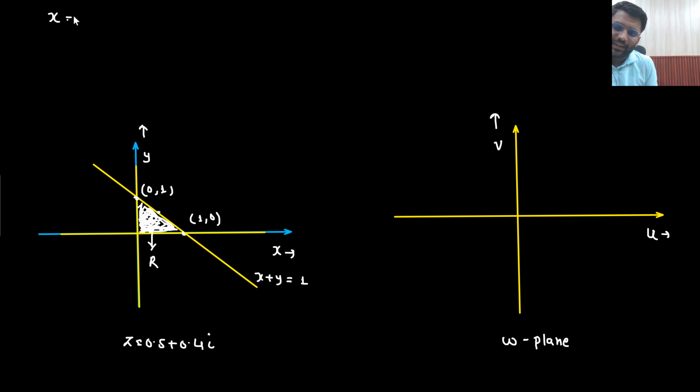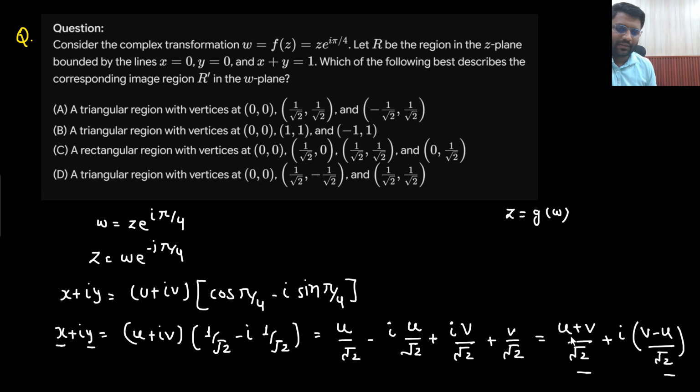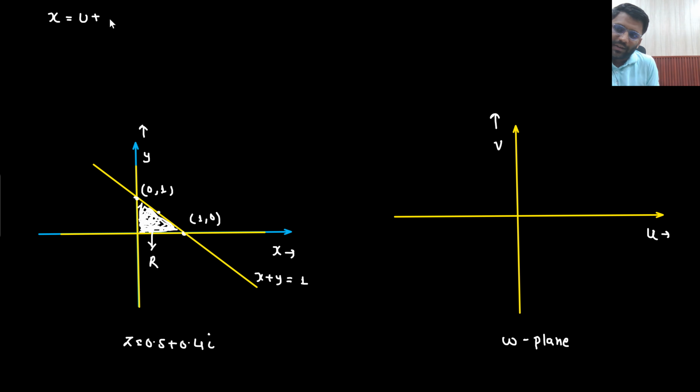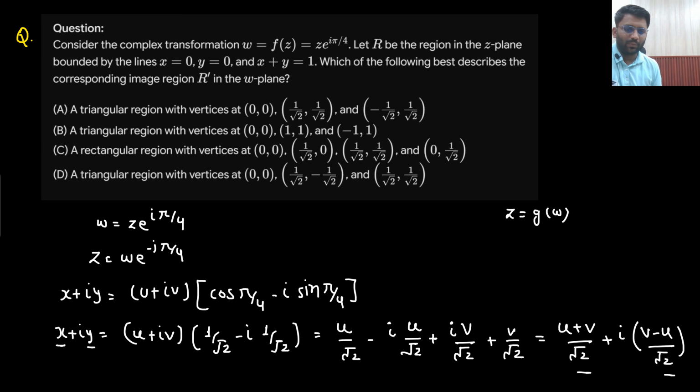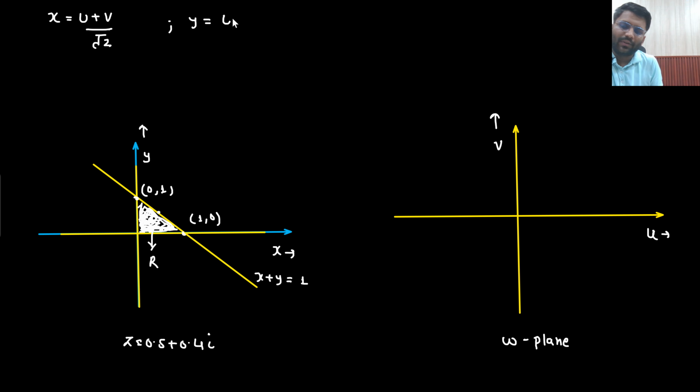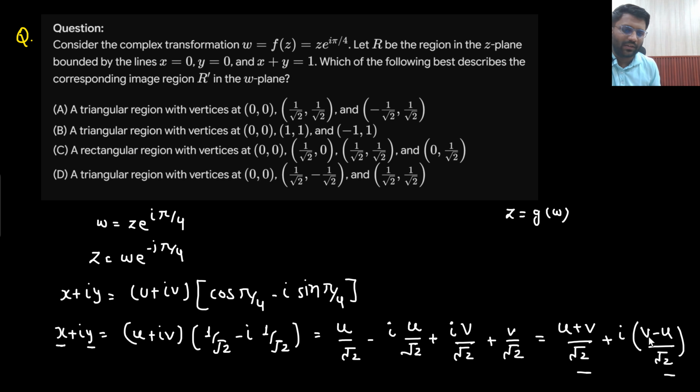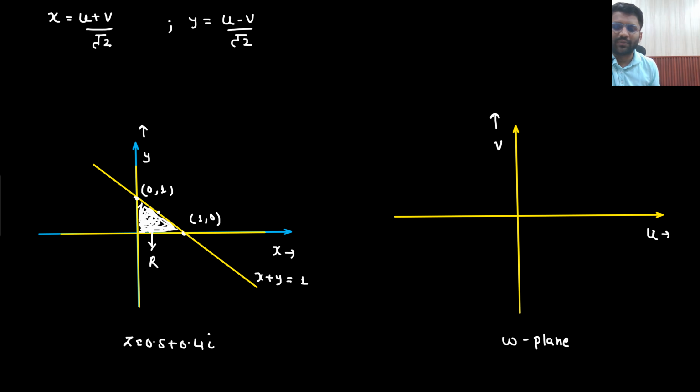The value of x we are getting is u plus v divided by under root 2. And what is the value of y you are getting? The value of y we are getting is v minus u divided by under root 2. You can compare, right? U plus v divided by under root 2, and v minus u divided by under root 2.